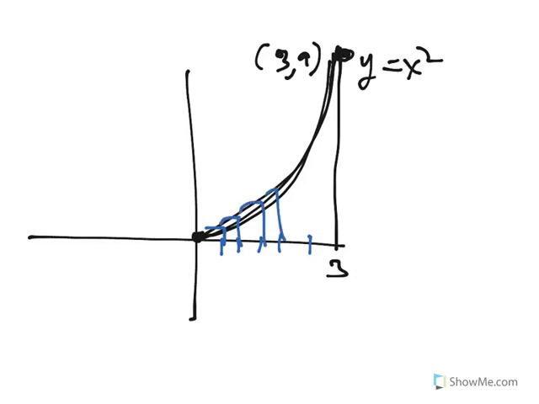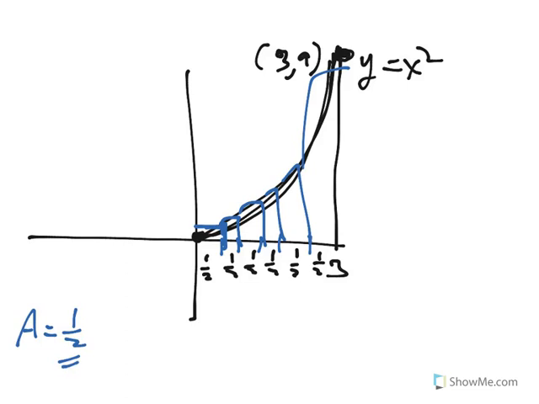Well, these rectangles do all have the same width. The width is 1/2 in this case. But the heights, the first rectangle's height is not 1/2. That's the base is 1/2. The height is going to be 1/2 squared because this curve is y equals x squared and this point is on the curve.